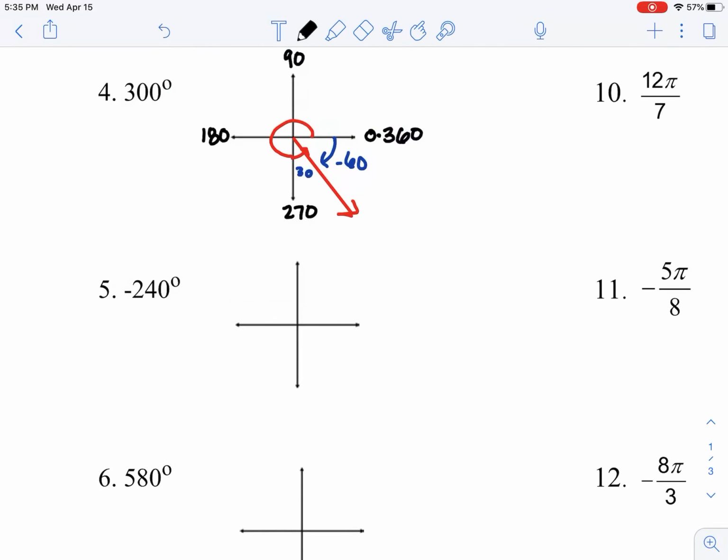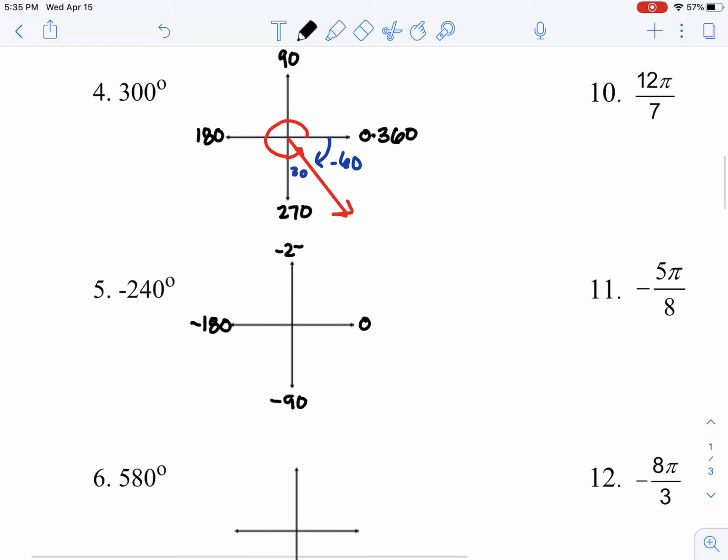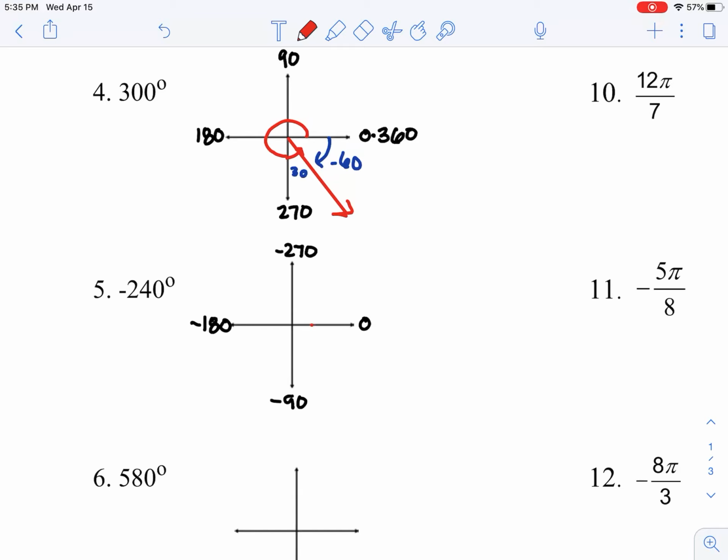So let's go again. 0, negative 90, negative 180, negative 270. Notice I stopped there because I know it doesn't go as far as 270. Note that I spin in the opposite direction this time.